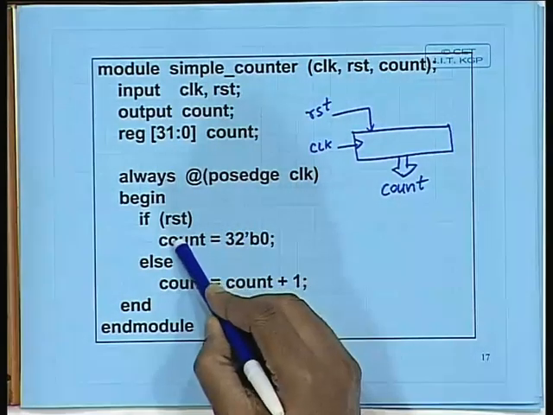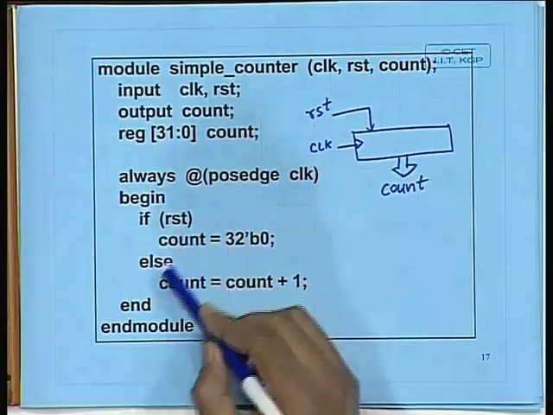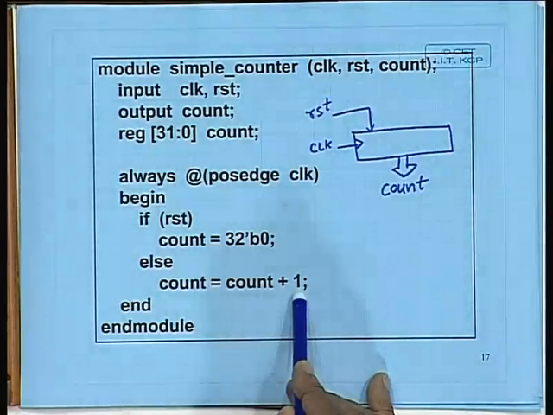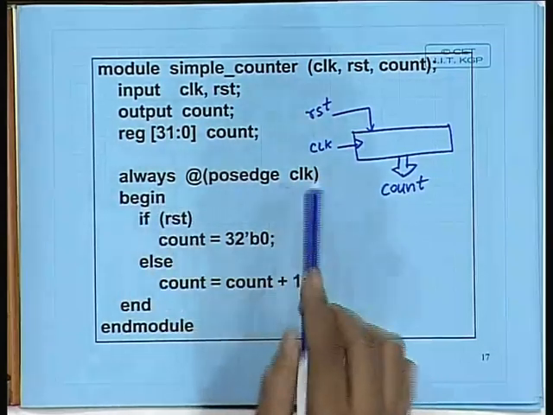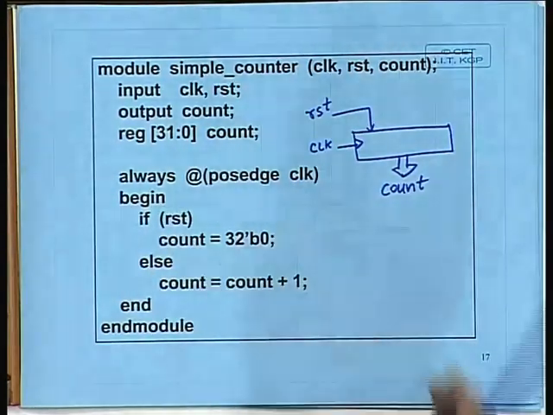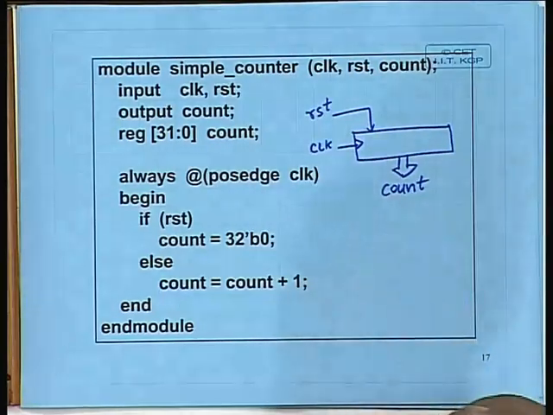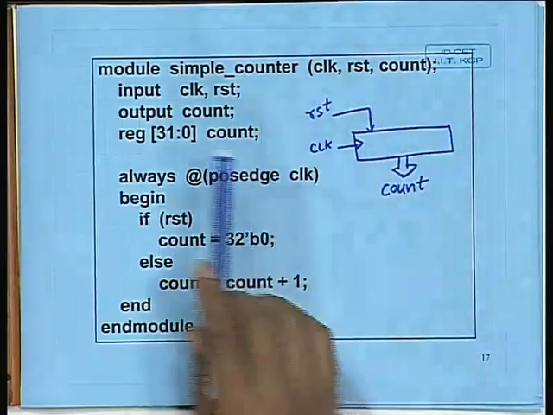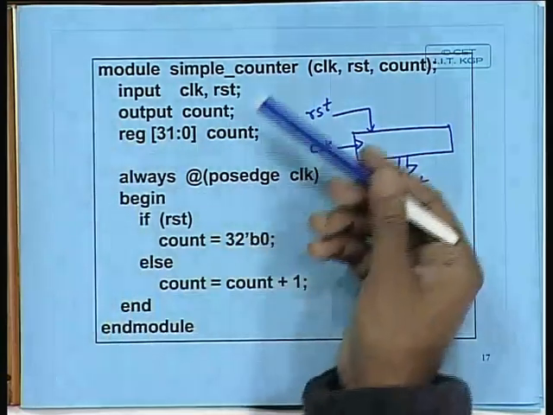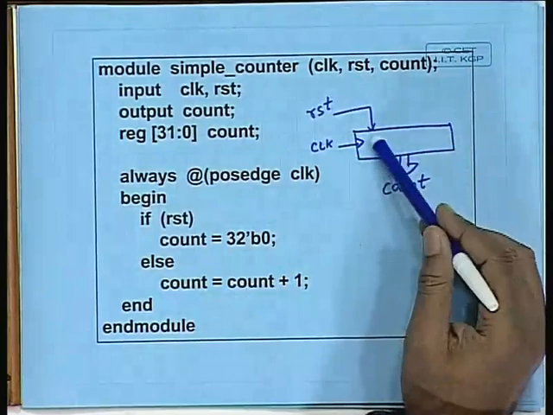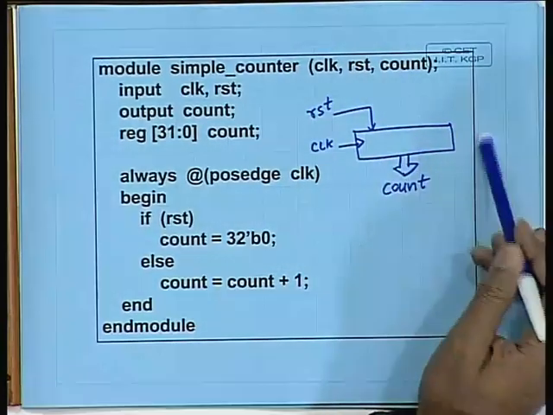Count is initialized to 0, or else count is incremented by 1. So this is just a counter: with every clock it will either increase or be reset to 0 if the reset is high at that time. This is an example where you have specified reg, and in synthesis the counter will be synthesized as a register with a storage element.